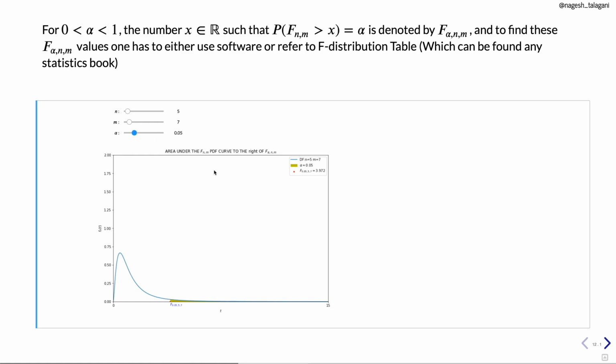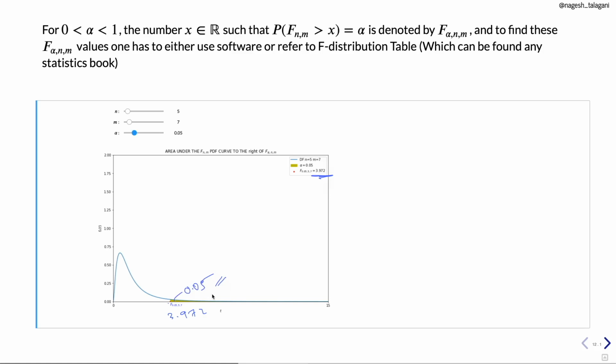Now you see this red dot is the location which is actually 3.972, that you can see from here. So the area to the right of this location under the PDF of the F distribution with n equal to 5, m equal to 7 degrees of freedom is exactly 0.05.